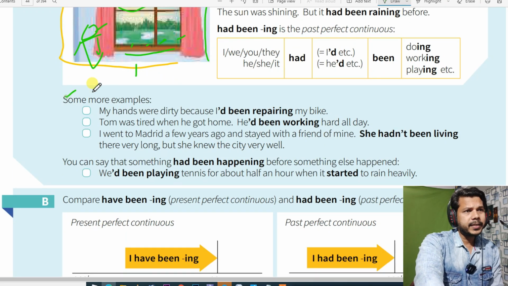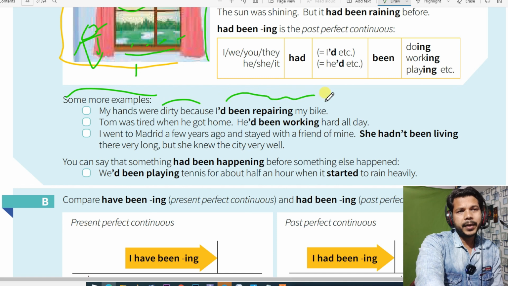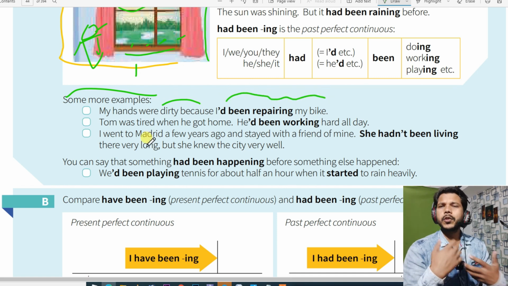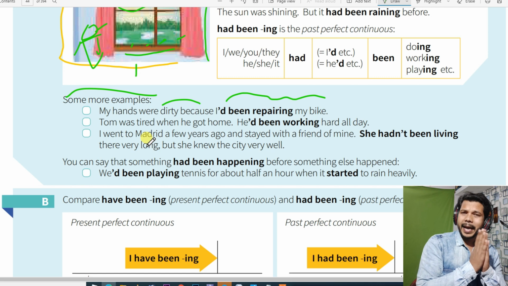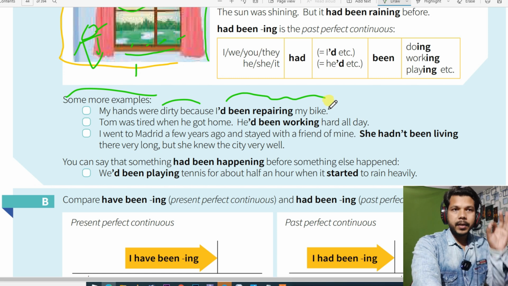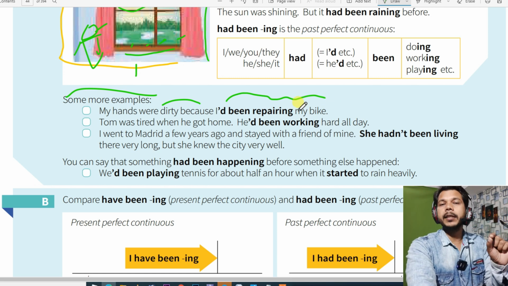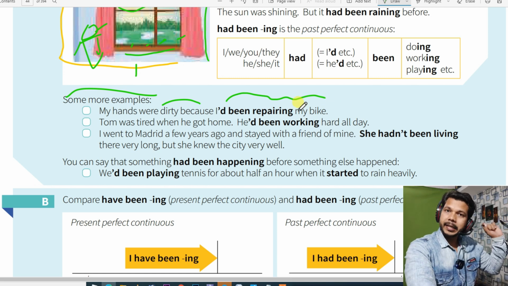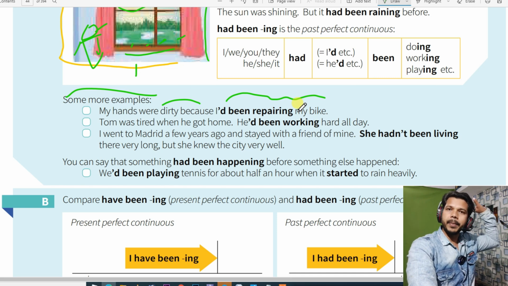Fair enough. Some more examples. My hands were dirty because I had been repairing my bike. This person is telling you a story. He's saying, yesterday my hands were dirty. So why were my hands dirty? Because I had been repairing my bike. This had been shows that this person must have started repairing the bike sometime back in the past.